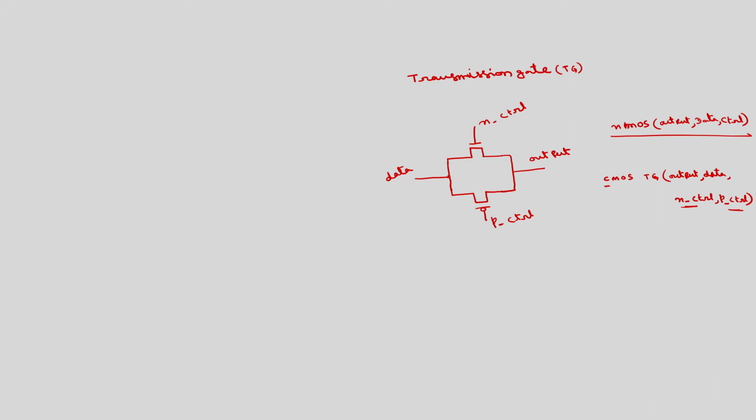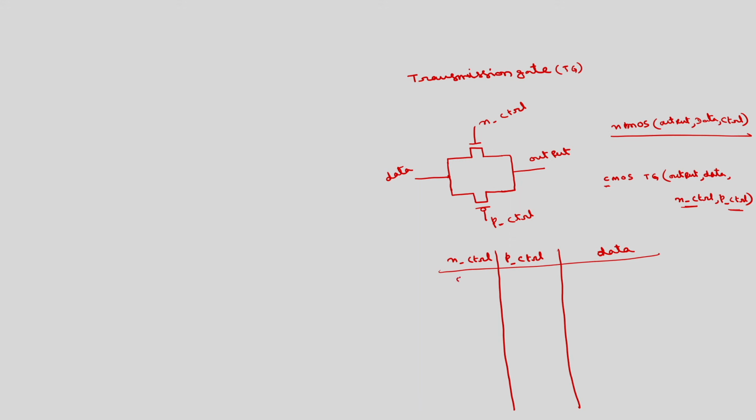Okay. So, what is the relation between the output and input, in terms of N control and P control? If I write N control, P control, then data, what will be the output for different combinations? Totally we will have 16 combinations.